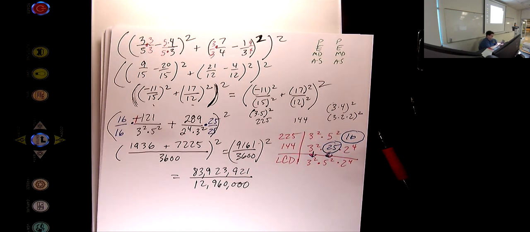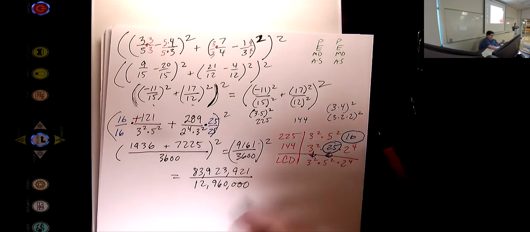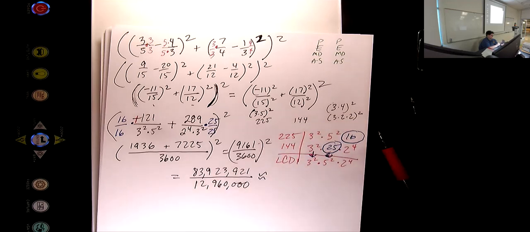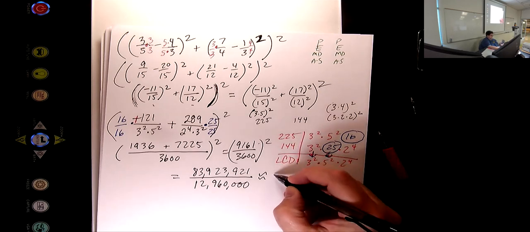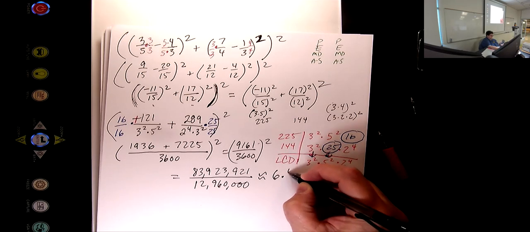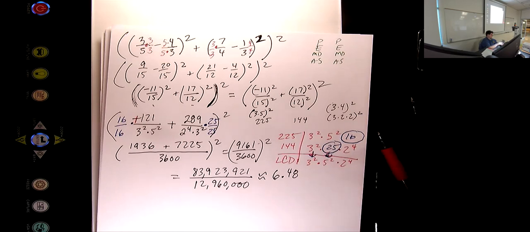I might put in what it approximately equals, approximately 6.48. That just gives me an idea of what it is, but the exact answer is that. There's my ugly number for the day.